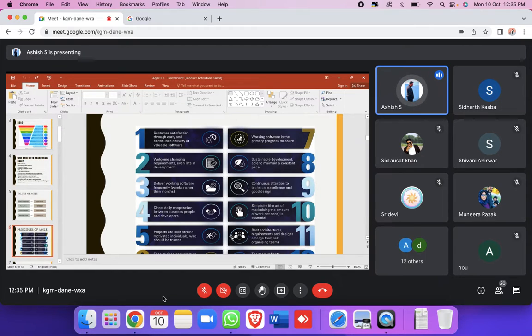Deliver working software frequently. Some companies have 2 sprints per release, or 3 sprints per release. So what happens there is they frequently give an update.